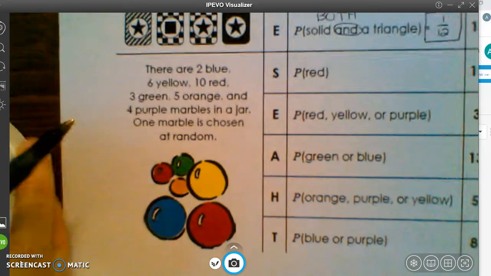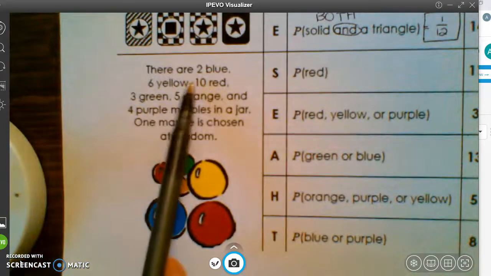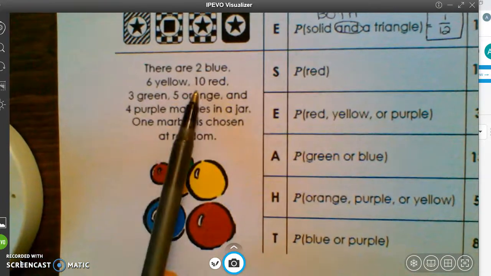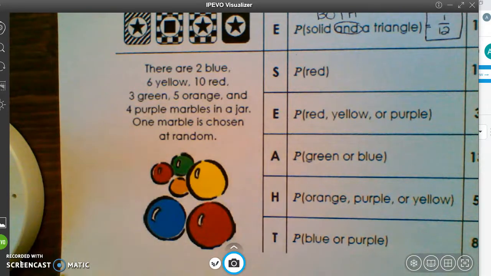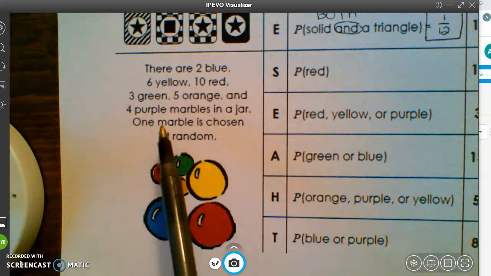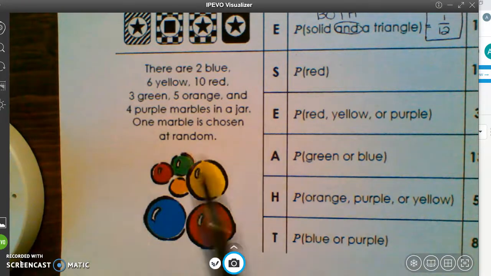Okay, we're going to look at another situation together with marbles. So they tell us there are 2 blue, 6 yellow, 10 red, 3 green, 5 orange, and 4 purple marbles in a jar. 1 marble's chosen at random. So this picture obviously does not represent this situation. With these types of word problems, you're not really looking at a picture.